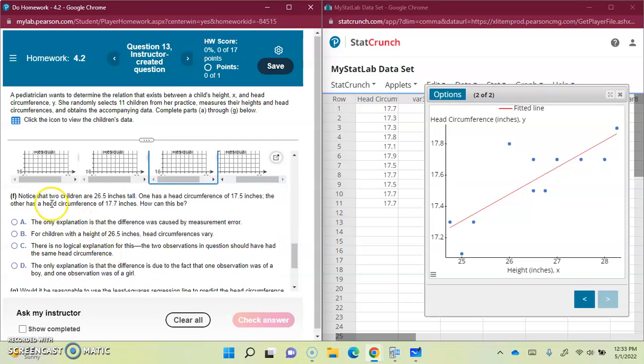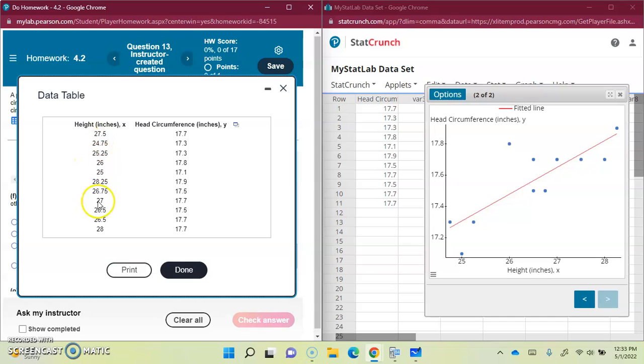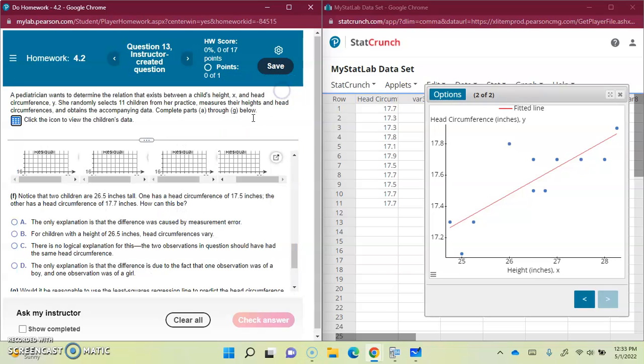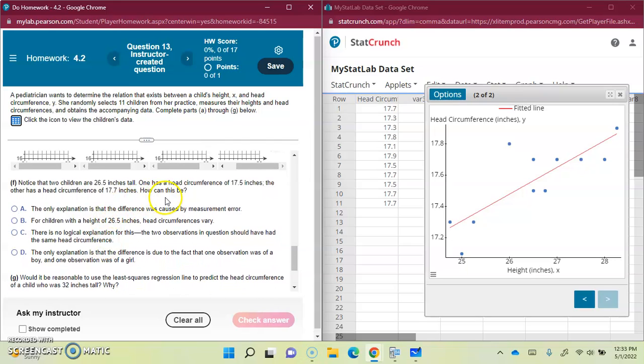Okay. Notice that two children are 26.5 inches tall. One has a head circumference of 70.5 inches and the other has a head circumference of 70.7. So in the data there are two kids with 26.5 height and their head circumferences are different. How can this be? It is possible, right? They are two different children.